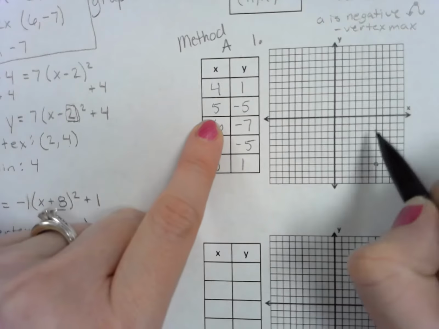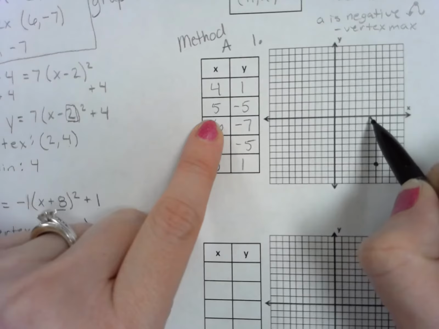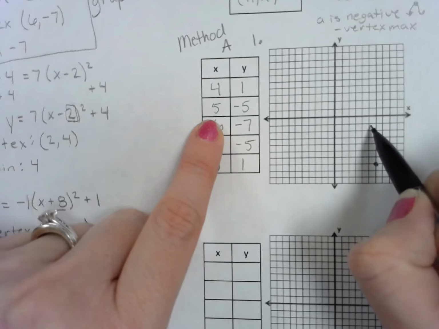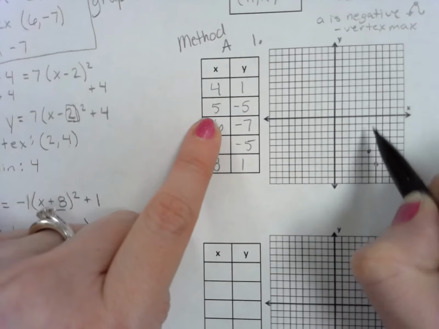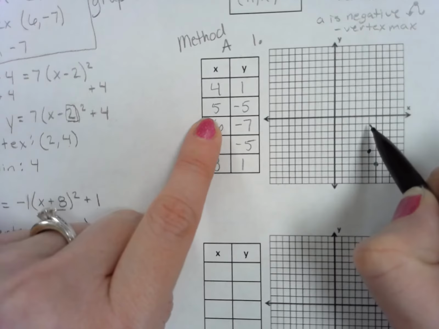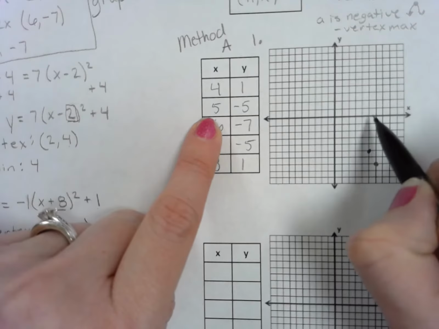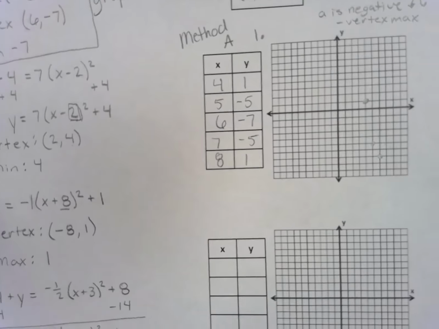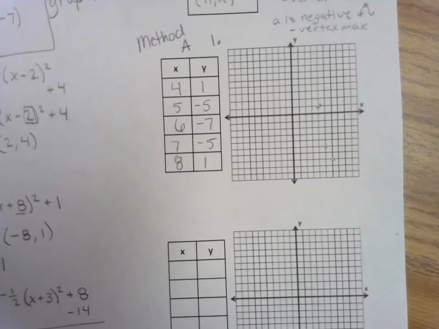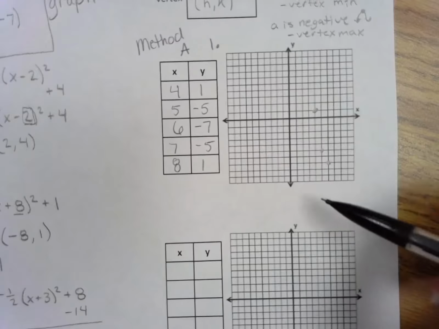I'm going to go with the (5, -5), so it's to the left. So there's 5, and then 4, -1. No, 4, +1.